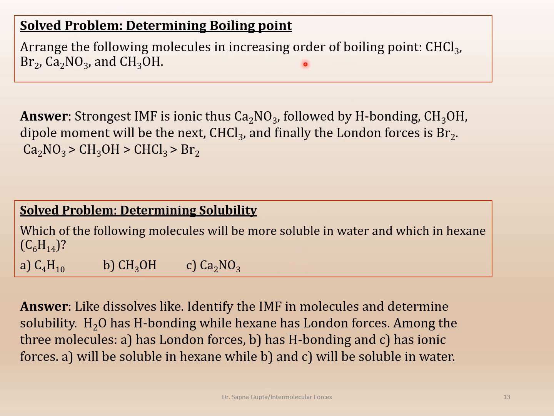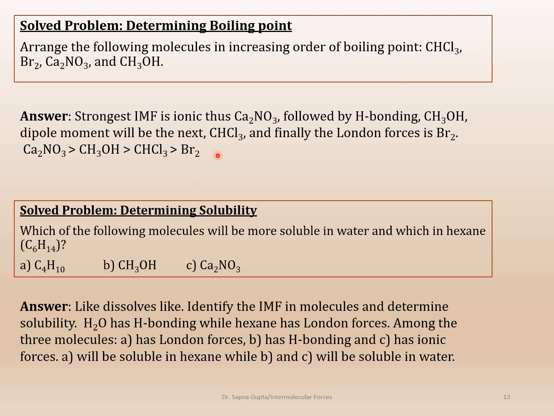Okay, so arrange the following molecules in increasing order of boiling points. We took the same molecules once again. CHCl3, we have that in the previous slide. So here we're just going to arrange them by boiling points. Electrostatic force is the strongest force, so that's going to be the highest one, followed by hydrogen bonding, followed by dipole-dipole, followed by dispersion.